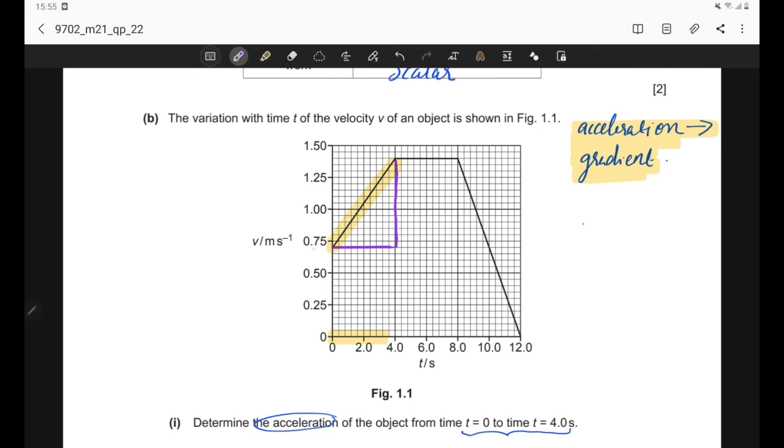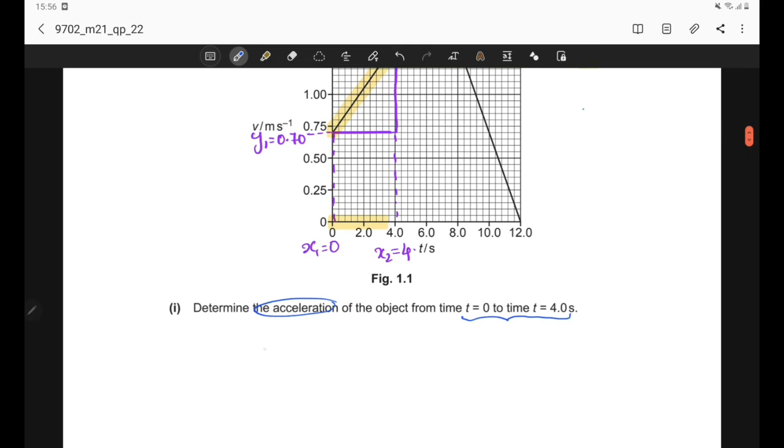Here y1 is 0.70 and y2 is 1.40, and x1 is 0 and x2 is 4.